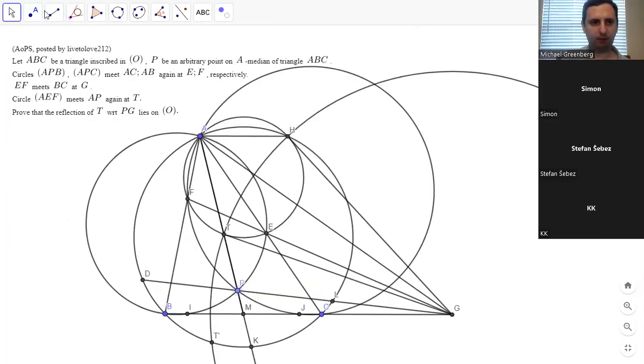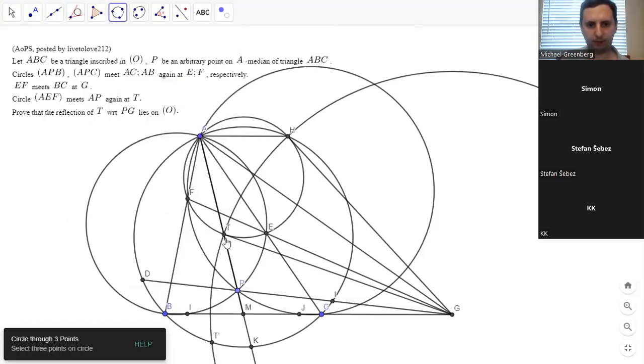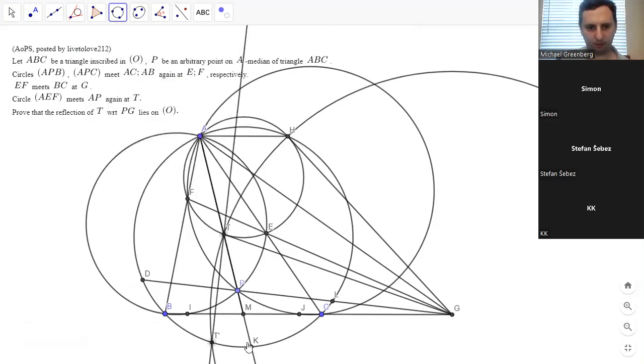But yeah, so we think this is a right angle. Let's see if there's any other kind of right. We drew this circle.